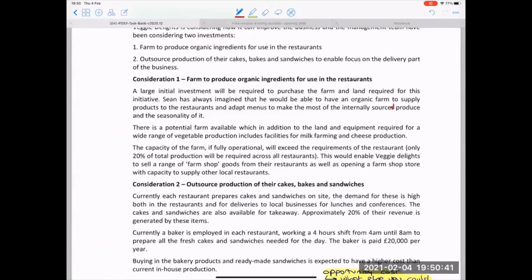There is a potential farm available, which in addition to the land and equipment required for a wide range of vegetable production, includes facilities for milk farming and cheese production. Sounds quite a big thing.